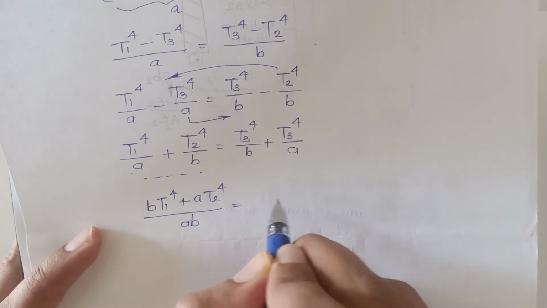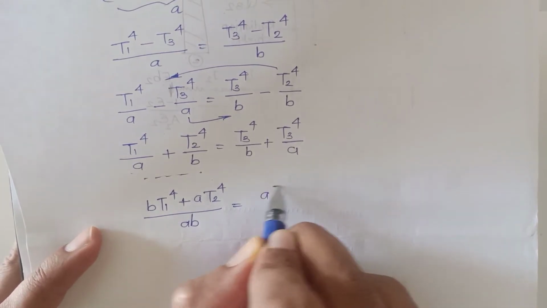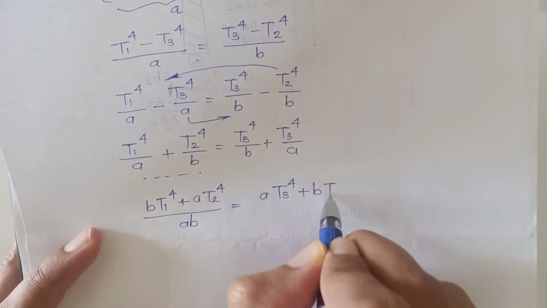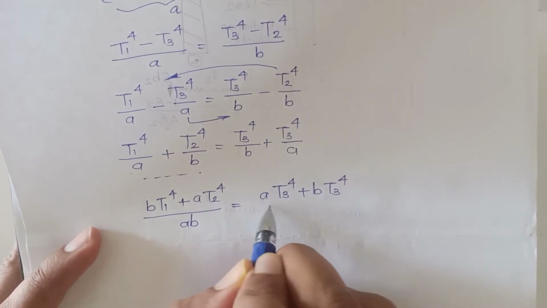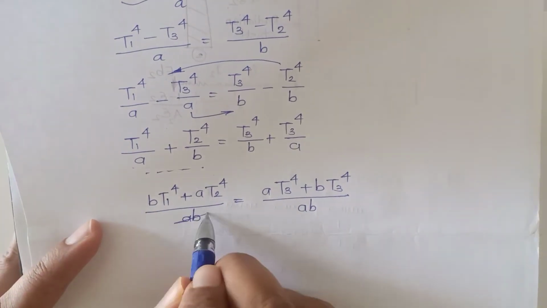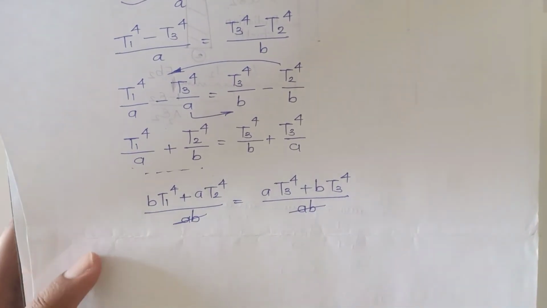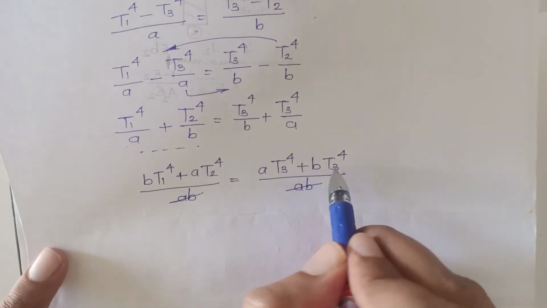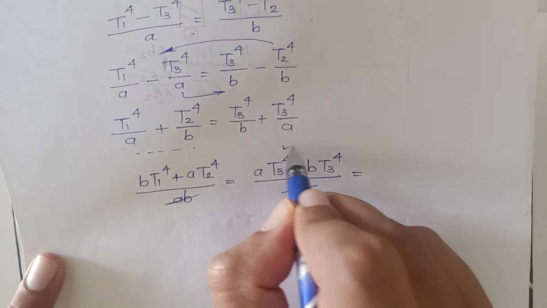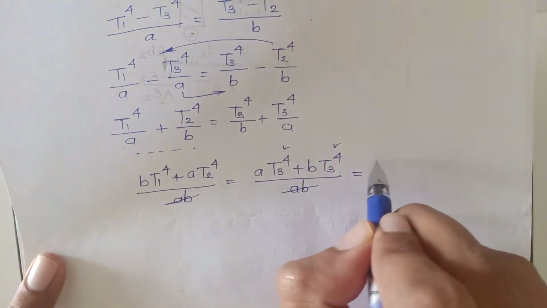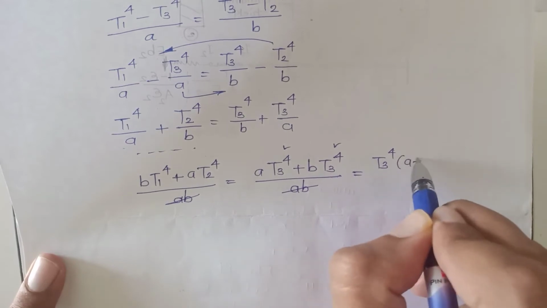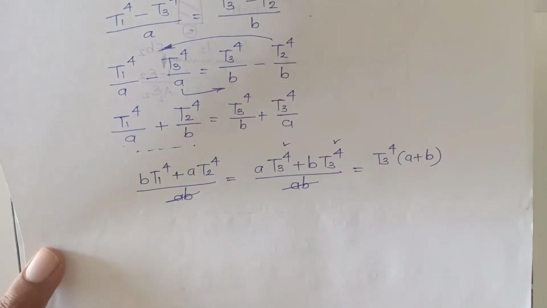It will be equal to a into T3 raised to 4 plus b into T3 raised to 4 divided by a into b. This ab and this ab can be cancelled. Okay, and here we can take out T3 raised to 4 as the common parameter. So we get T3 raised to 4 into a plus b.